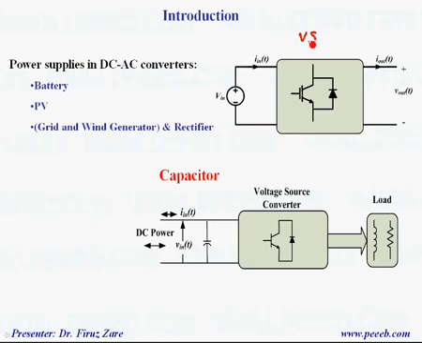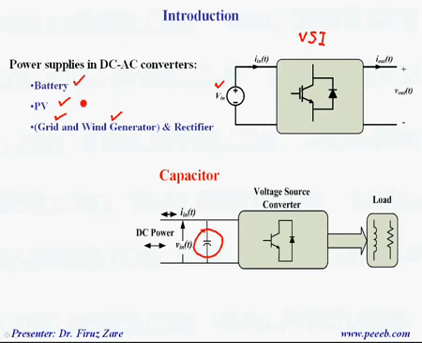So the question is how we get the power supply, the DC voltage. It can be a battery, it can be PV, or it can be a rectified voltage coming from grid or wind generators. So the point is that because of harmonics, we can normally use a capacitor to be able to remove the ripple.